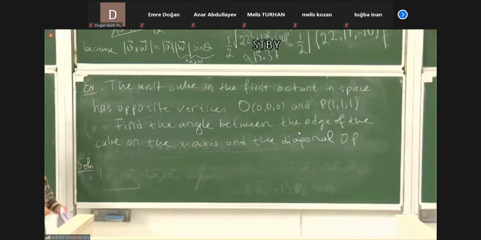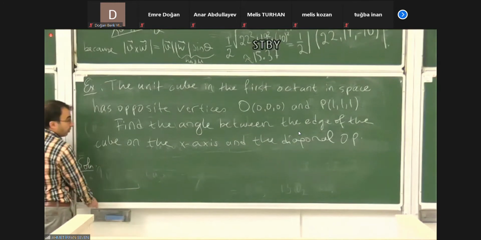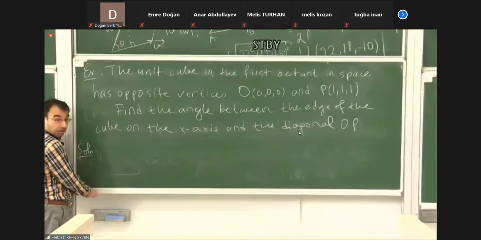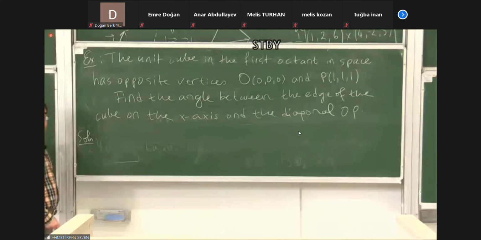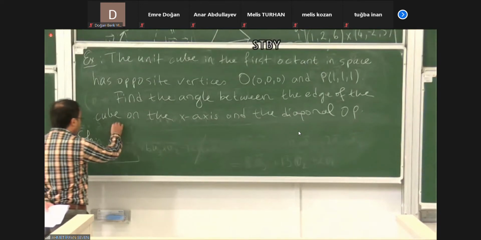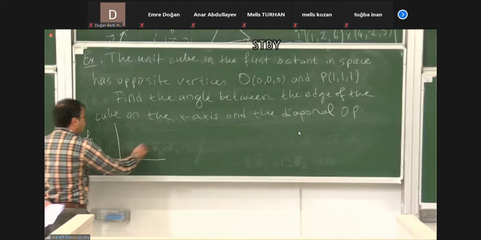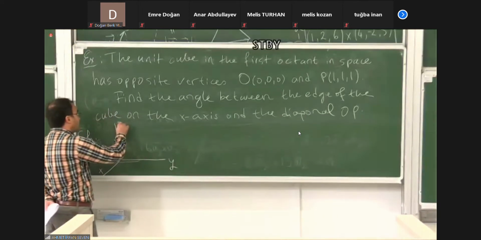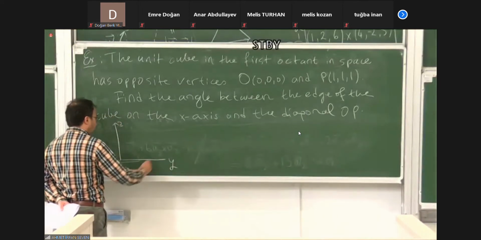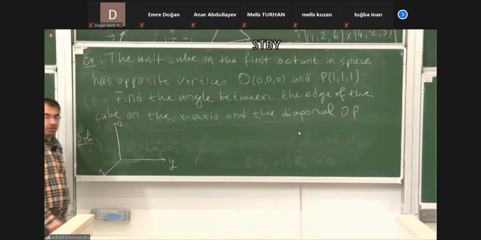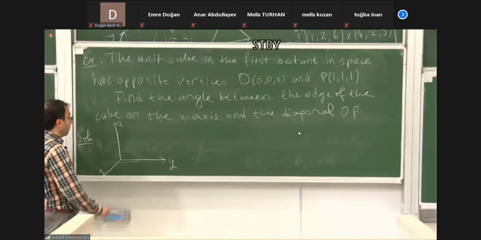All right, so let's draw a picture first. The first octant is, you know, the part of the space where x, y, z are all non-negative. And then we have this unit cube.